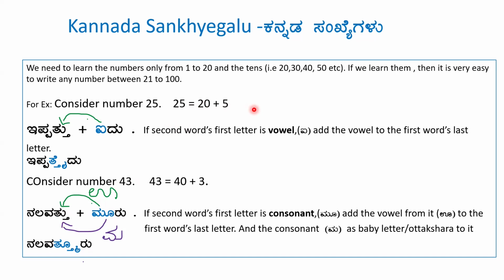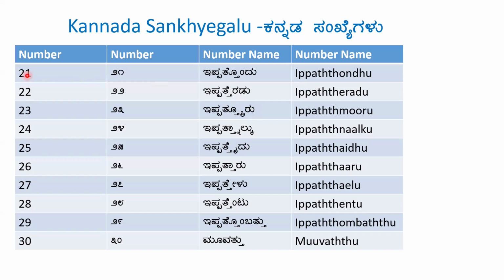So, let's see the numbers now. 21, 22, 23, 24, 25, 26, 27, 28, 29, 30.